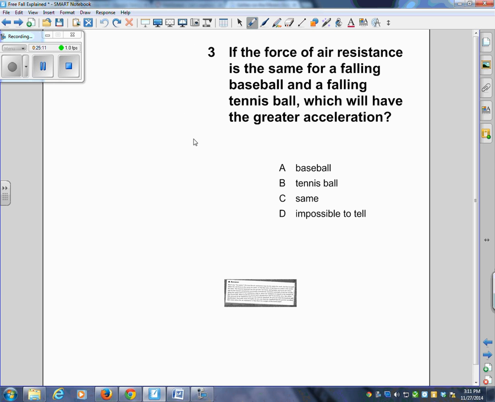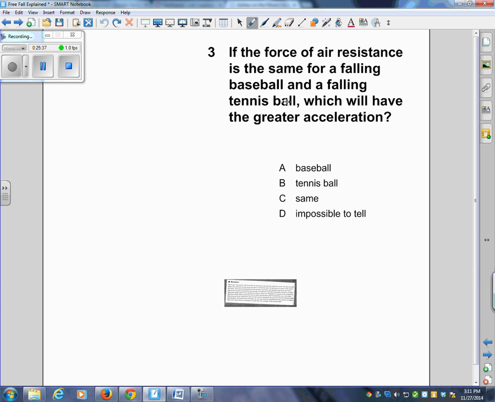Here's question 3. If the force of air resistance is the same for a falling baseball and a falling tennis ball, which will have a greater acceleration? The force of air resistance is the same. Which one's heavier?